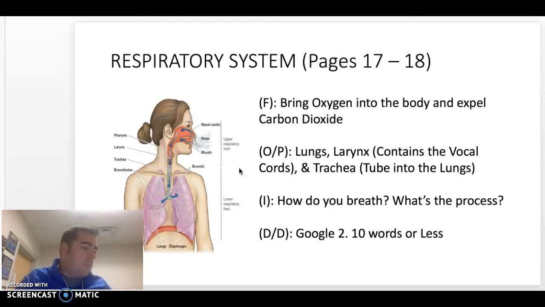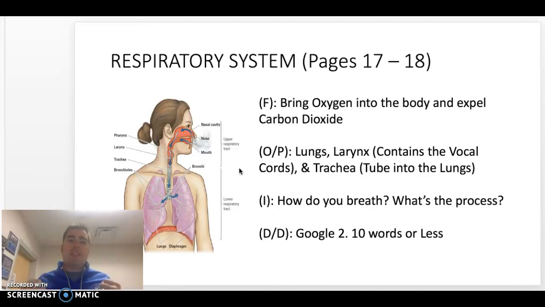The diaphragm's job is to expand and contract. It forces the air out of the lungs, so you breathe out. And when it shrinks, the lungs are able to expand, bringing oxygen in.